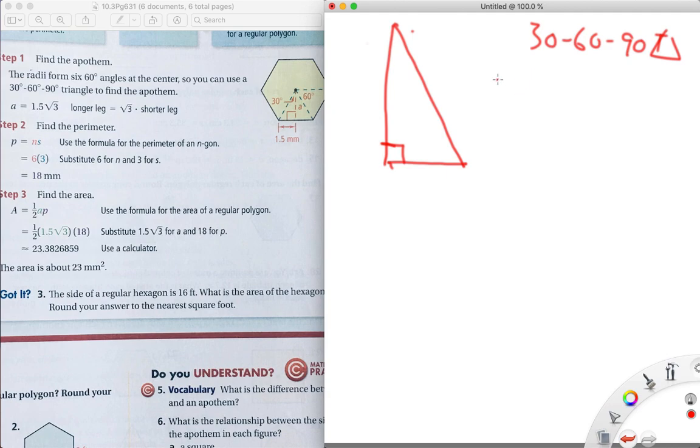the hypotenuse, I'm going to call it y. Remember, the hypotenuse is opposite of the 90 degree. This is 30 degrees, and this would be 60 degrees in the case of this. This is the shorter leg, right? This is the hypotenuse, and this is the longer leg.